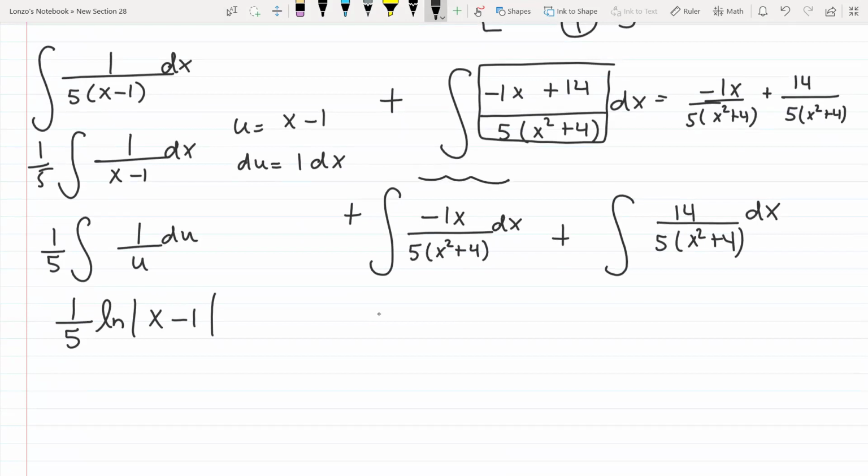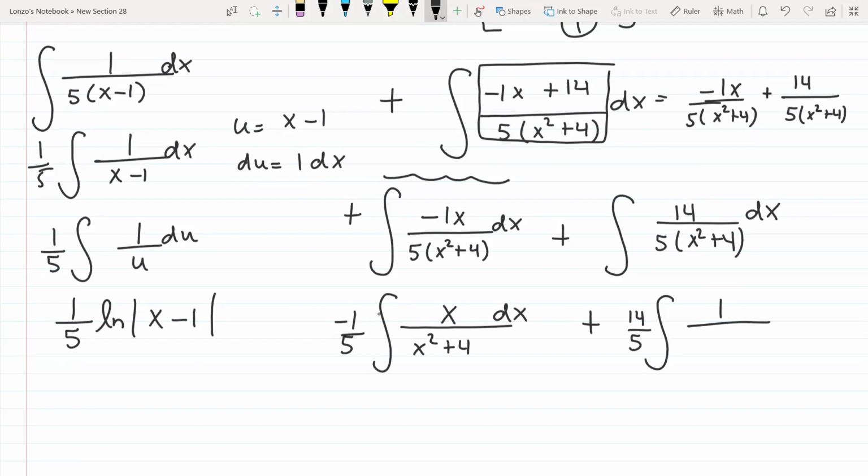So let's start with this one. Is there anything I can do? Yes, I can first factor out the constant, which is -1/5. And then you have x over x squared plus 4 dx. And over here, what can I do? I can take out the constant 14/5.